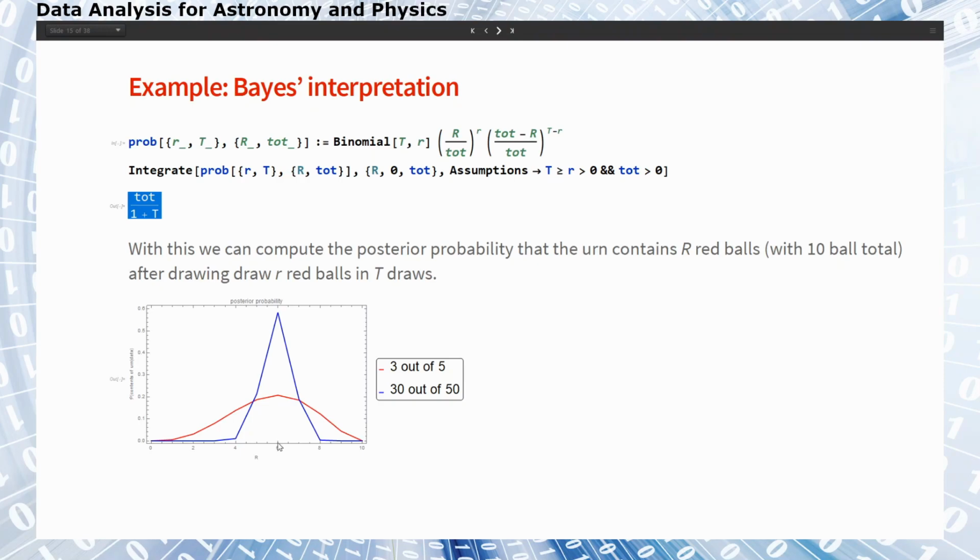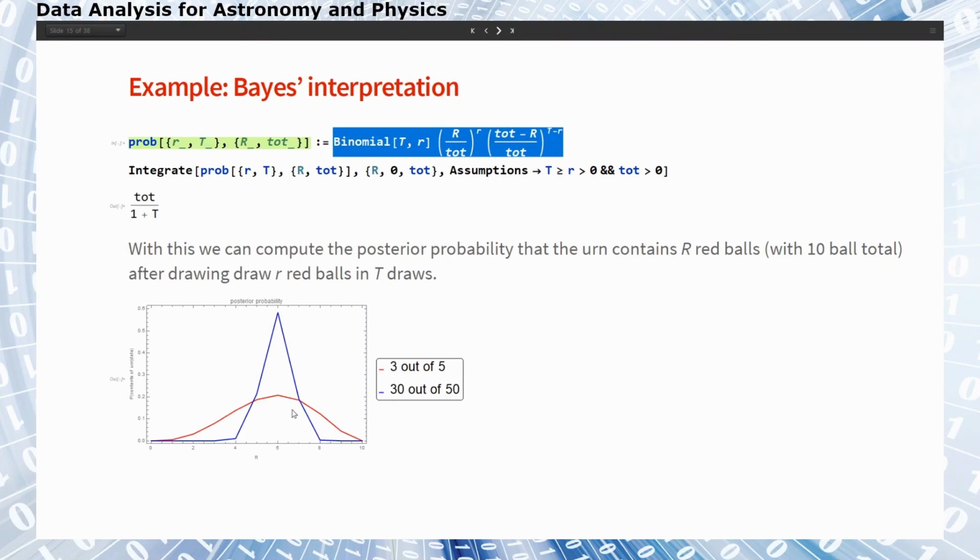It is centered at 0.6, so 6 out of 10, which makes sense because we have 3 out of 5 draws. It is 0 at no red ball in the urn, which makes sense because we drew 3 red ones out, so there are red balls in there. But we also drew 2 white ones, so it cannot be 10 red balls in the urn. So this expression normalized by this automatically reproduces here the logic that comes from our likelihood.